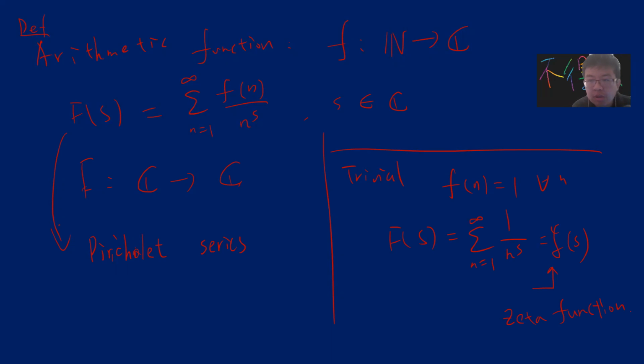Before I keep going, let me quickly prove a result. Remember that previously, in the number theory video, I described the so-called Dirichlet product. Somebody gives you two arithmetic functions, and you can define h of n to be the sum of f of d times g of n divided by d, where d divides n.